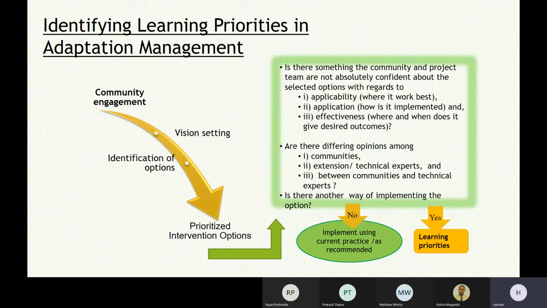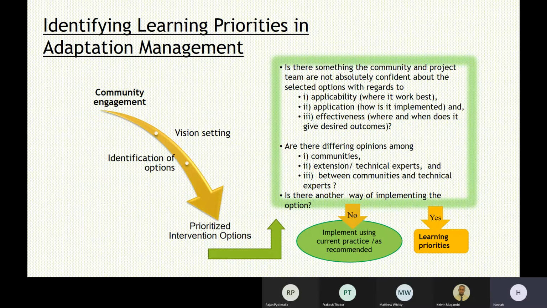When we engage the community, use their social capital, and give them room to plan together, we ask ourselves hard questions. Is there something the community and project team are not absolutely confident about? What is the applicability? Where does it work best? How is it implemented? How effective is it?